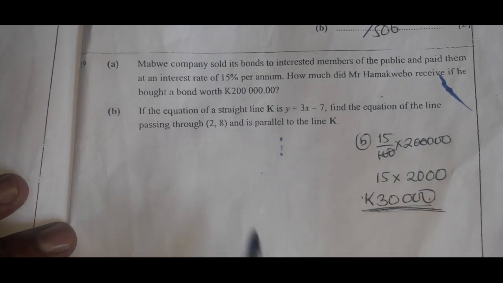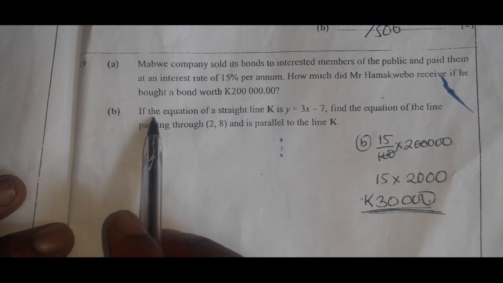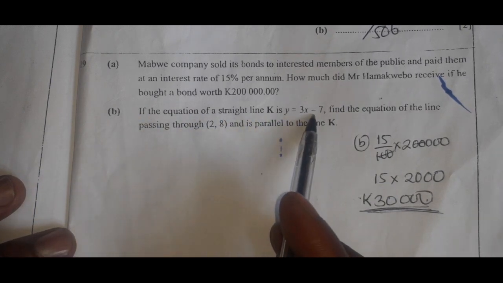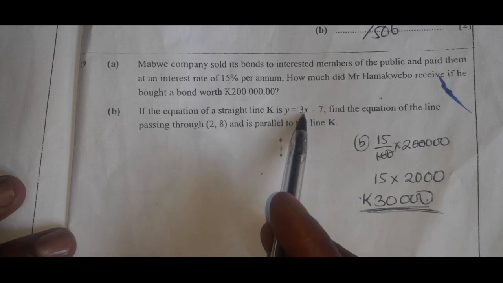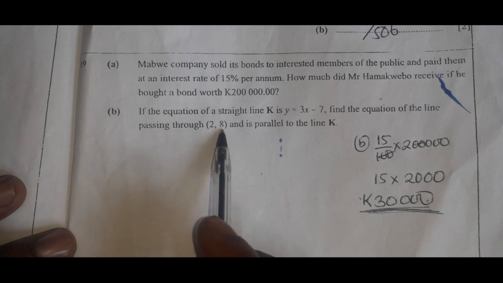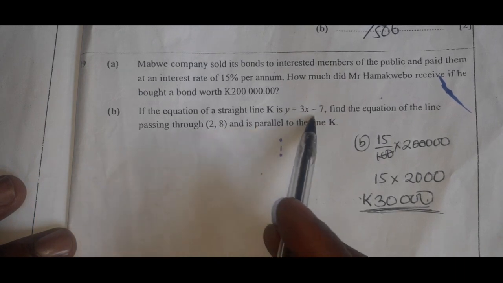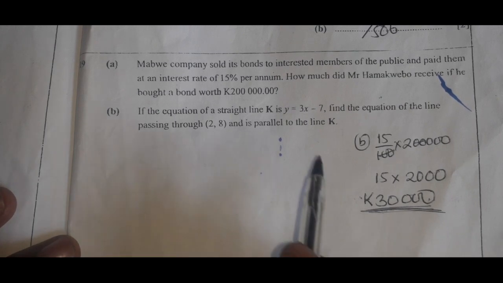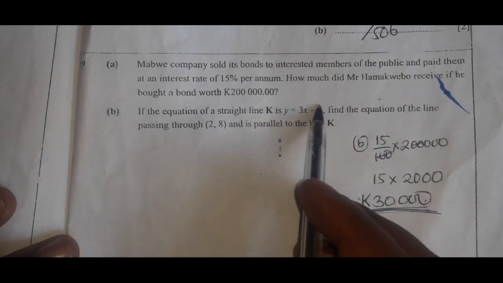B: if the equation of a straight line K is y = 3x - 7, find the equation of a straight line passing through this point and parallel to this one. The first thing we're supposed to do is find the gradient of this one.